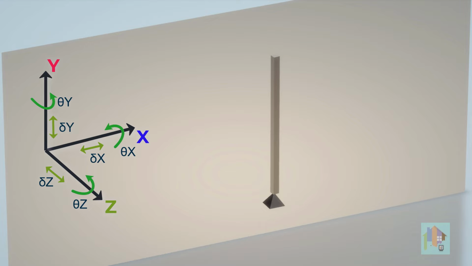So, there will not be any displacement of the member at the support level. As a conclusion, for a pin supported node, the degrees of freedom reduce from 6 to 3. 3 rotational displacements are allowed and 3 translational displacements are restricted.